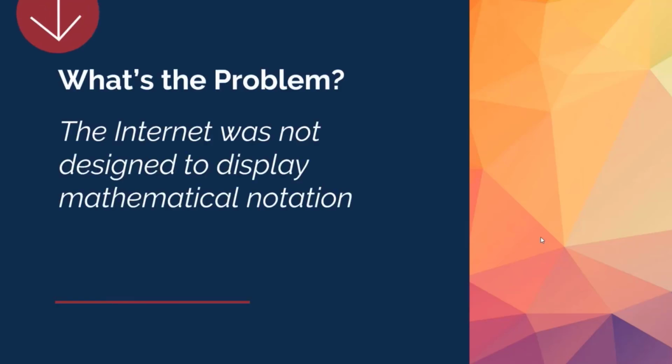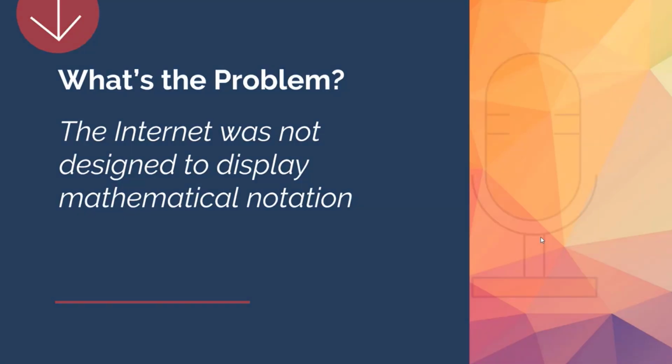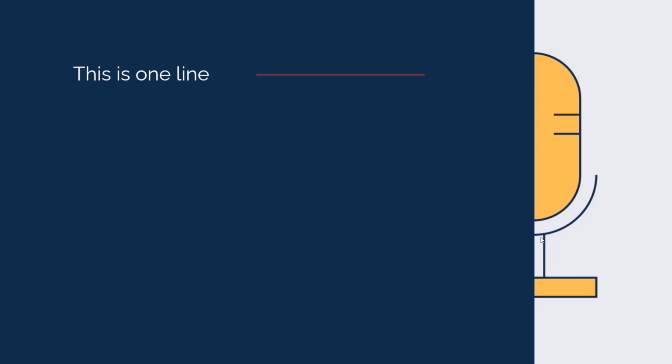Continuing on, what here is the problem exactly? Well, the internet simply was not designed to display mathematical notation in the way that we commonly interact with it in the classroom. And I wanted to make this point very clear, so I made this next slide. This is one line, and this is 2 lines.